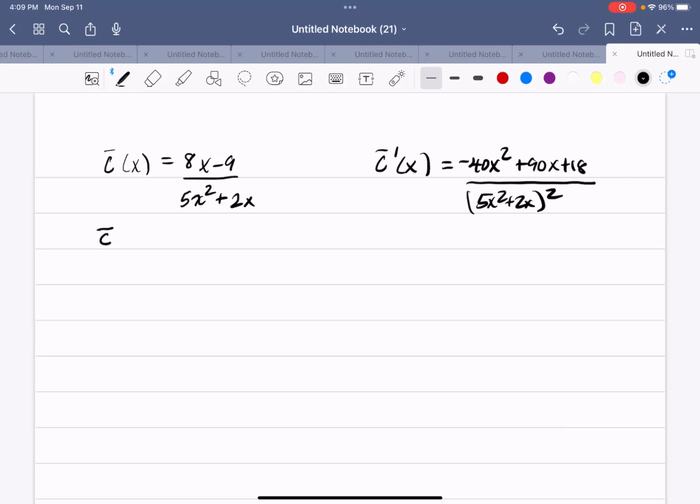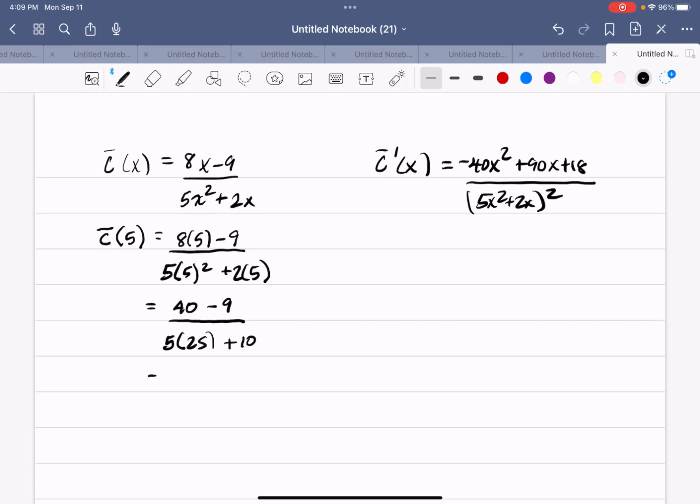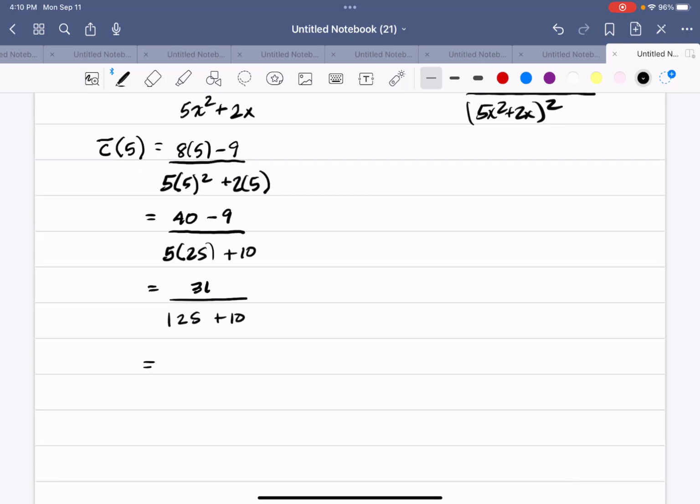So the average cost at 5 units is (8 times 5 minus 9) over (5 times 5 squared plus 2 times 5). So that's 40 minus 9 over 5 times 25 plus 10. So that's 31 over 125 plus 10, which is 31 over 135.